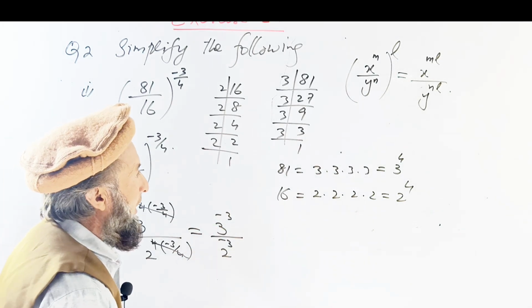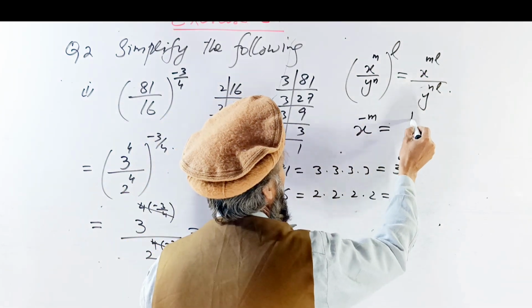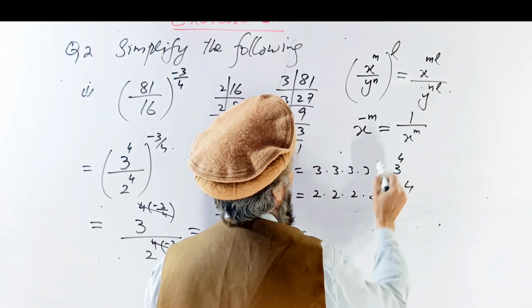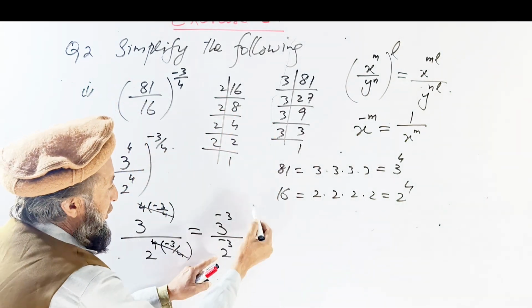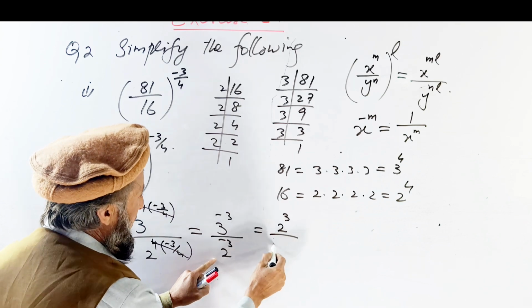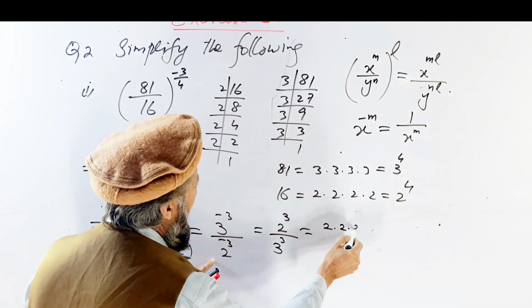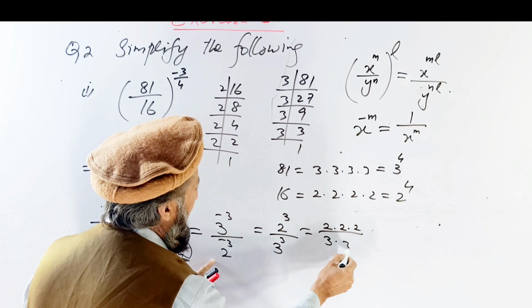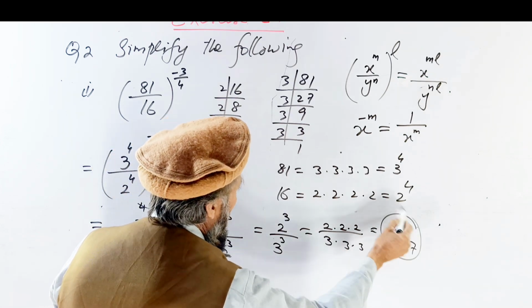Now the negative exponent rule: x power minus n, we can change into positive. So this will be changed into positive, and we get 2 multiplied by 2 multiplied by 2 and 3 multiplied by 3 multiplied by 3, so we get 8 and 27.